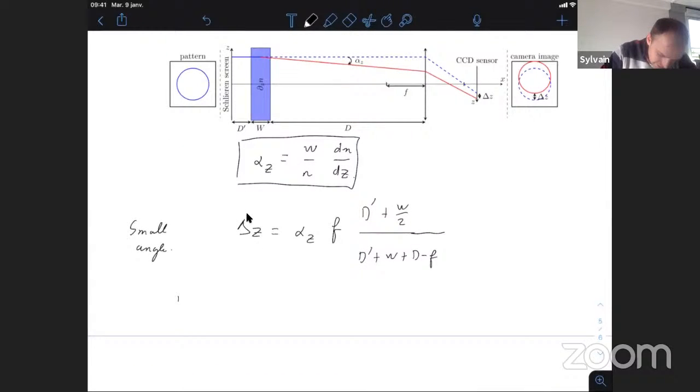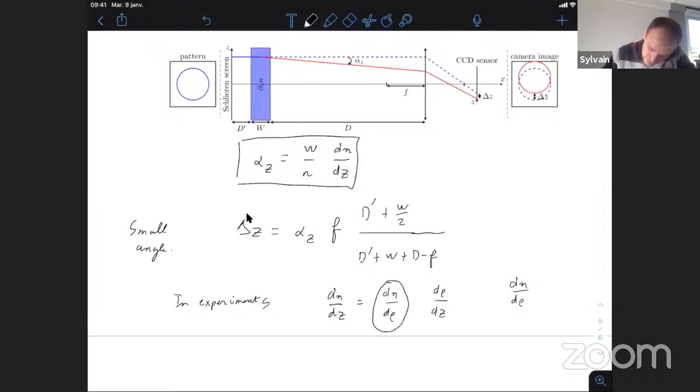And in the experiments, dn over dz can be related to dn over d rho, which is the gradient of density, and this value is roughly constant.